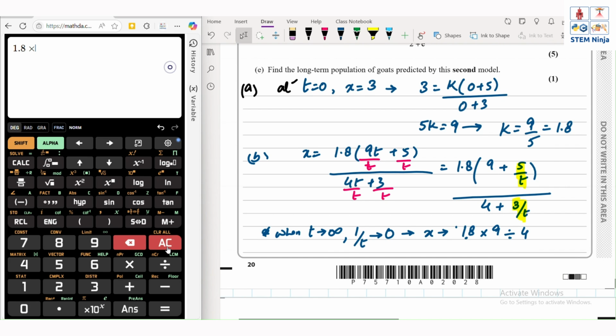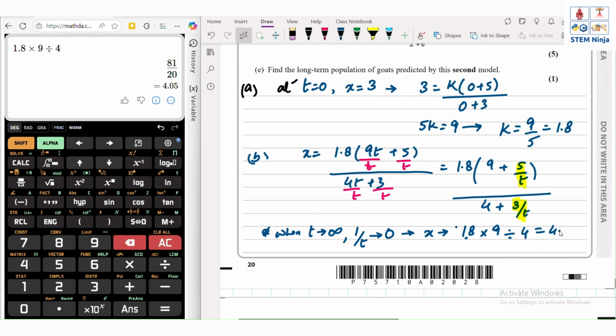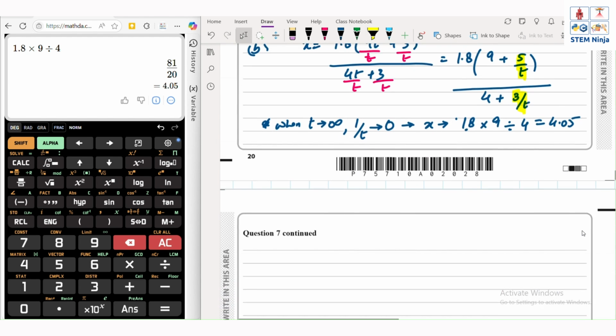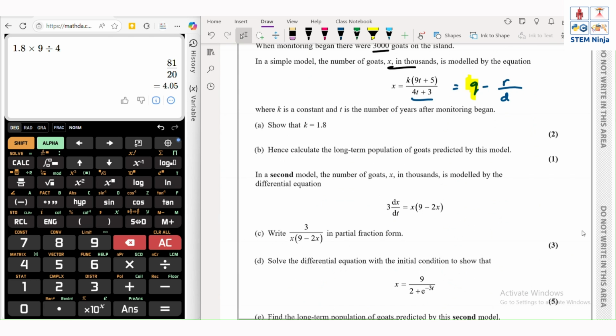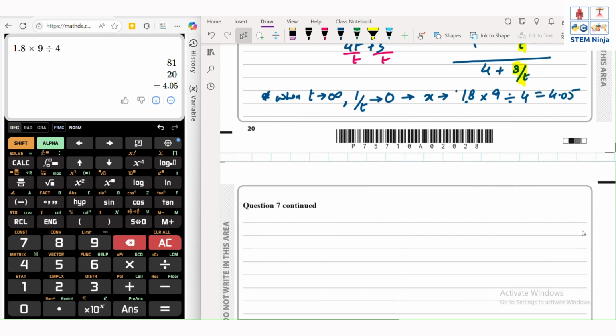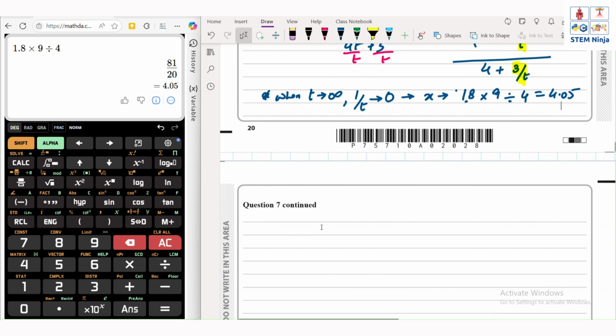So 1.8 times 9 divided by 4 is 4.05. So this is x. We need the long-term population, so in thousands. That would be 4050 population, long-term.